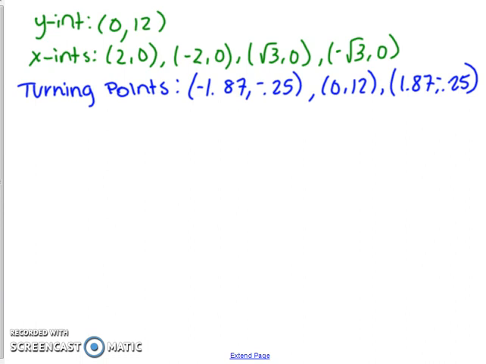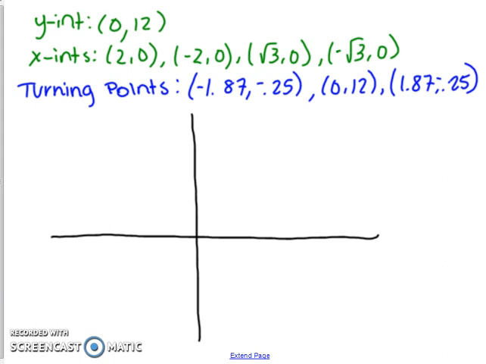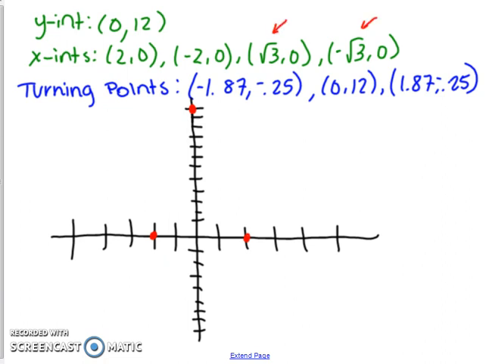So if we go to graph this, we're going to graph 0, 12, which is up here. We have 2, 0, -2, 0, and then the radical 3's are like 1.73 and -1.73.